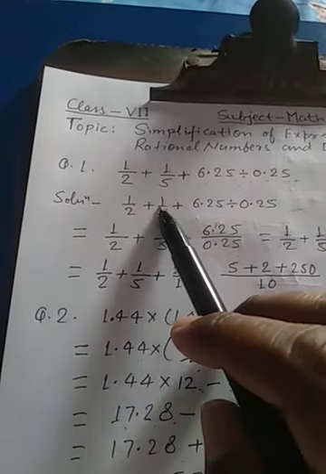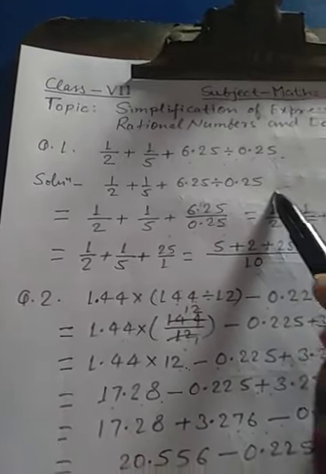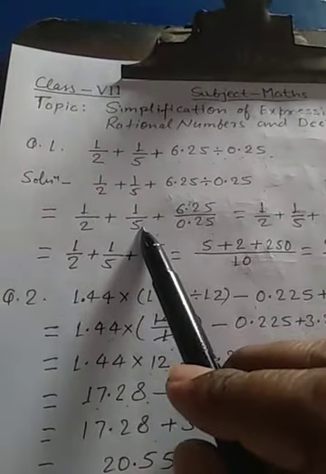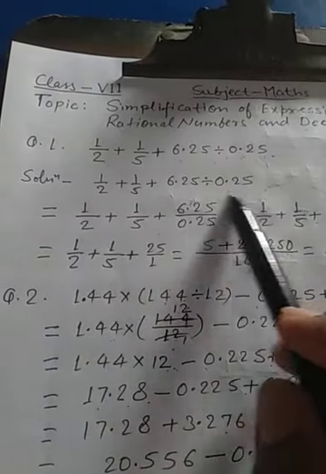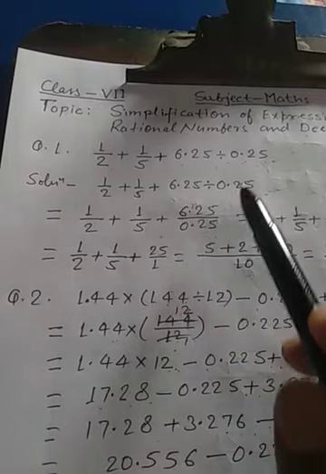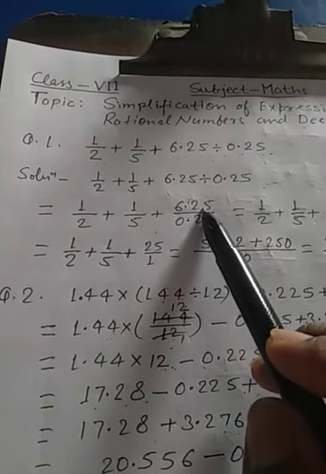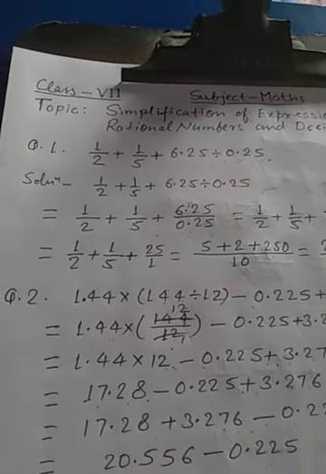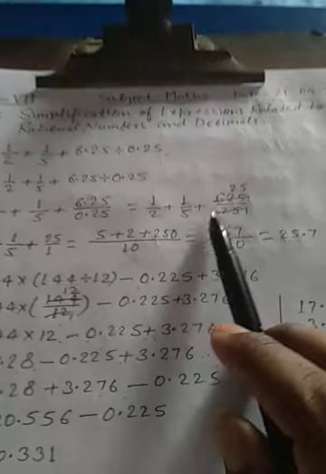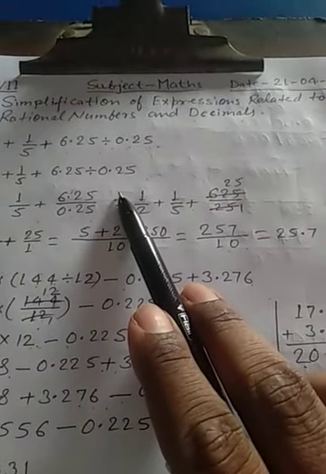In the next step, 1 by 2 plus 1 by 5 as usual, and first we have to solve the division, so 6.25 by 0.25 is written. Now these are like decimals, so we can remove the decimals in the next step: 1 by 2 plus 1 by 5 plus 625 by 25 after removing the decimals.